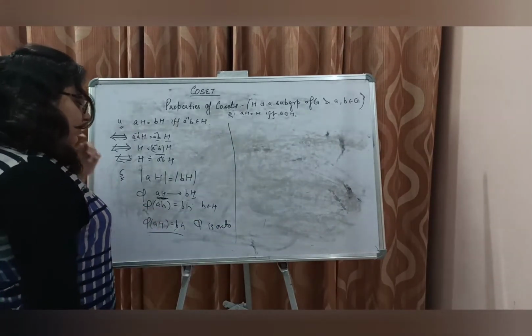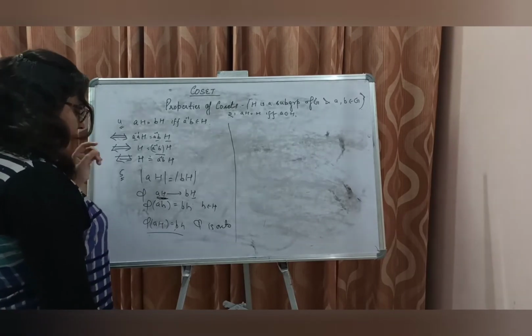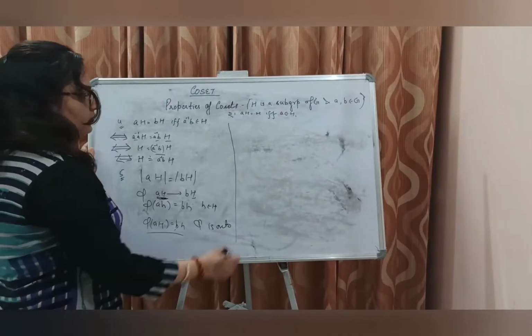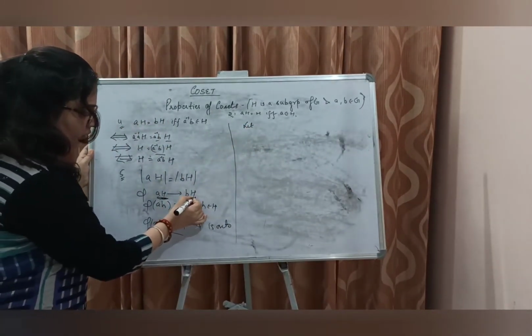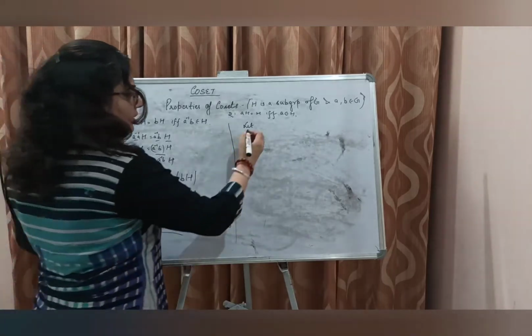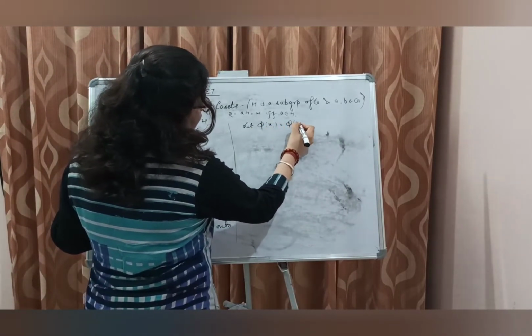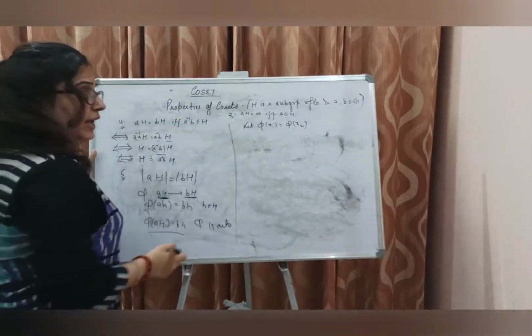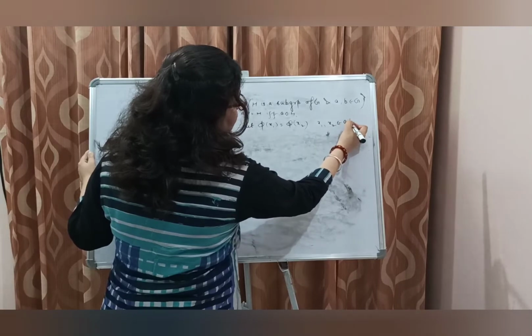Now to prove that this is one-one, let phi of x1 be equal to phi of x2. Now what are x1 and x2? x1 and x2 belong to AH.